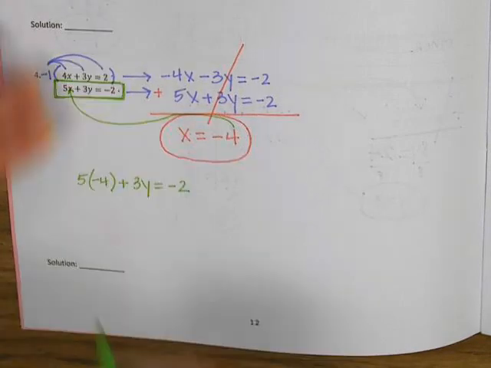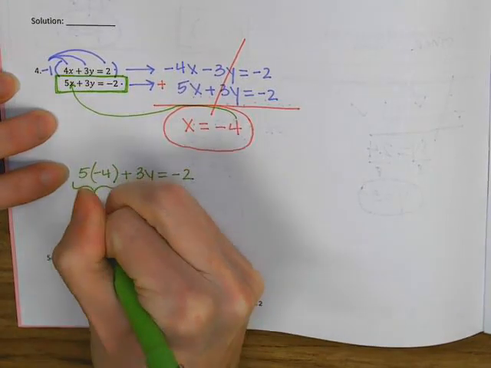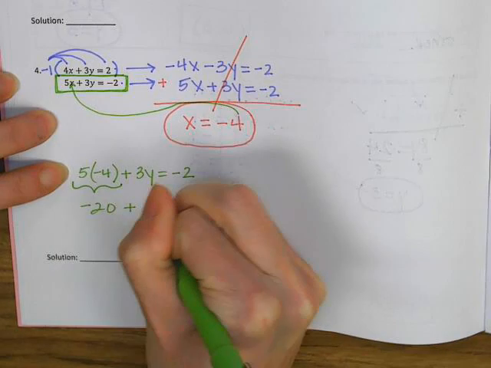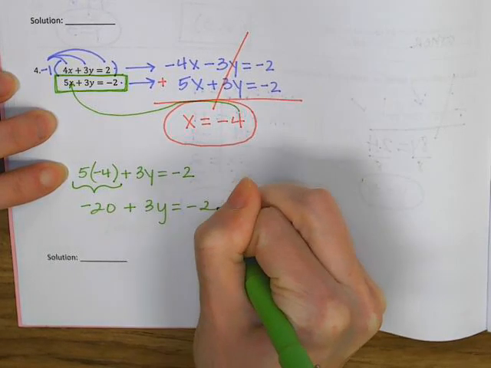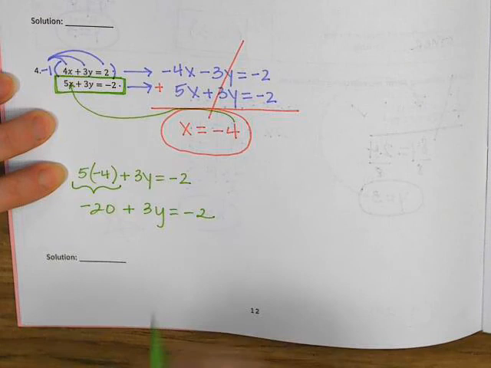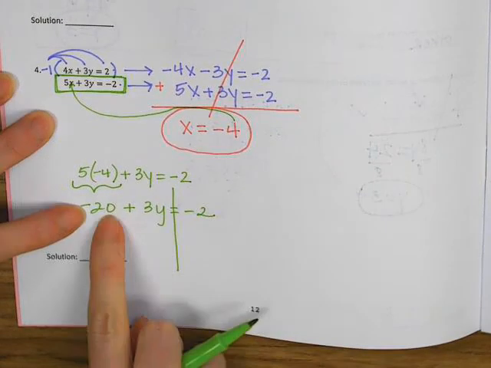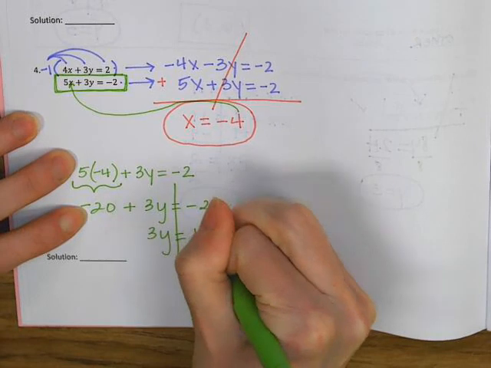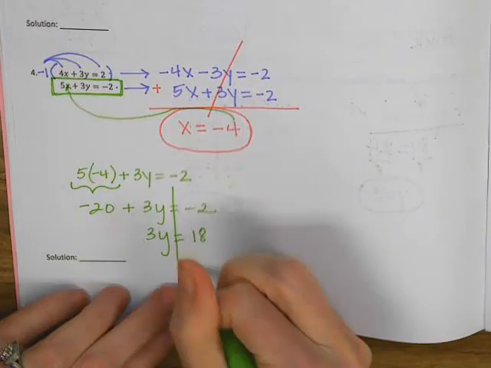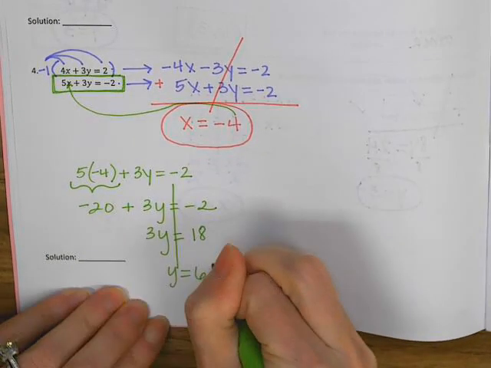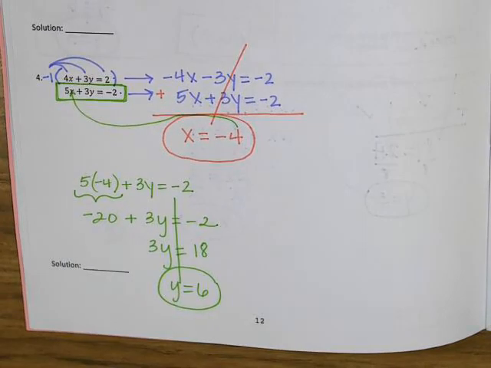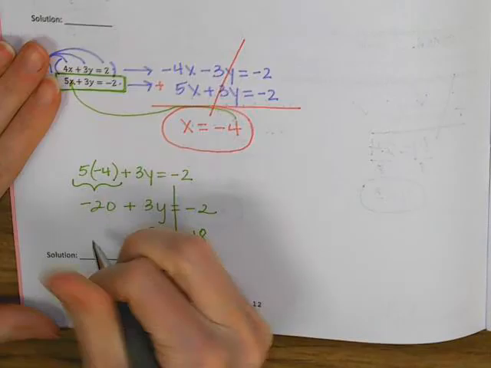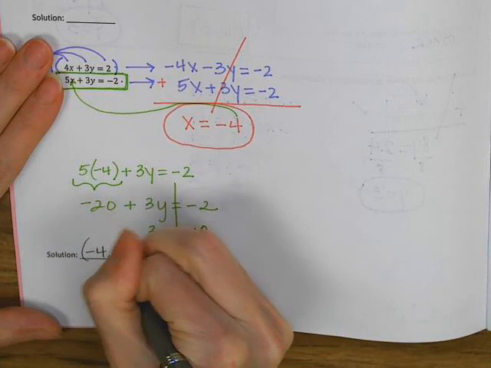And we're going to solve it. 5 times negative 4 is negative 20 plus 3y equals negative 2. And then if we draw the wall, if we add the 20 over, we get 3y equals 18. And then divide by 3, y is 6. So the solution is negative 4, 6.